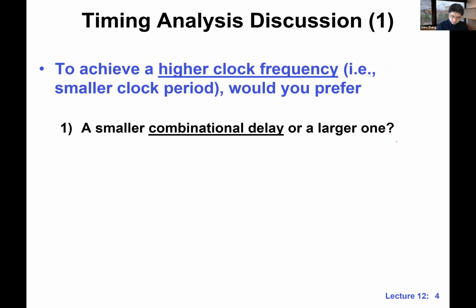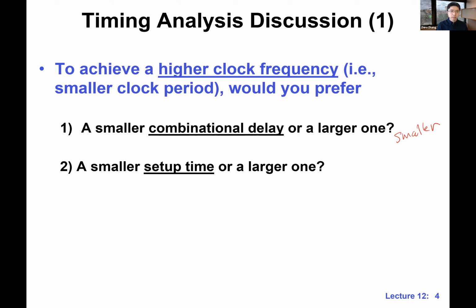Very good. This is pretty obvious. Smaller. Next question, smaller setup time or larger one? Again, I'm assuming that we can somehow tweak this. Smaller or larger for setup? Very good, same thing here. We want a smaller setup time.